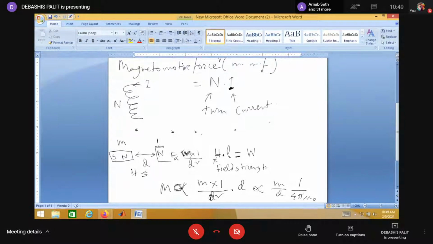So field strength is H, the magnetizing force. But magnetomotive force is a magnetic potential. That potential will drive flux. And if you want to move one pole from one point to another point, it is against your magnetizing force.